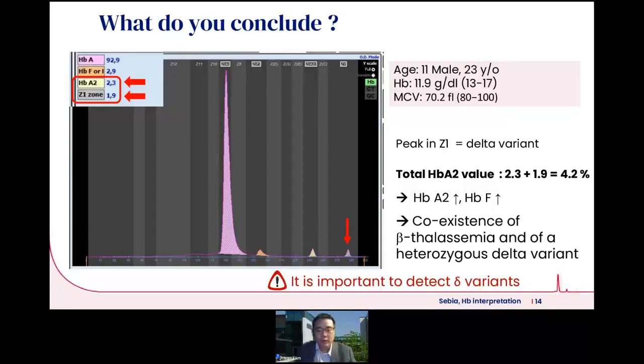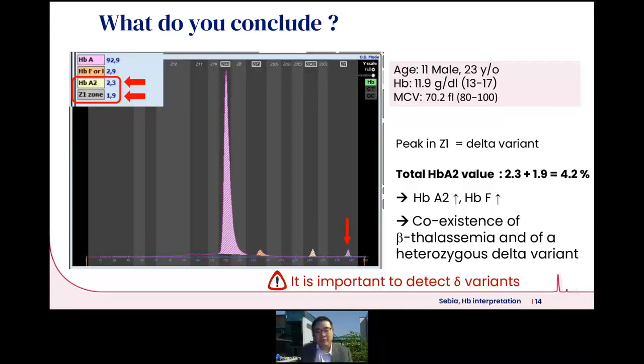Okay, so in this instance, the profile looks like the hemoglobin A2 is being split. So very likely there should be a delta variant that's present. However, the delta variant is not supposed to give you a clinical presentation of lower hemoglobin or MCV.